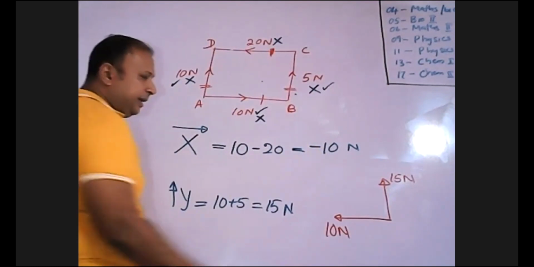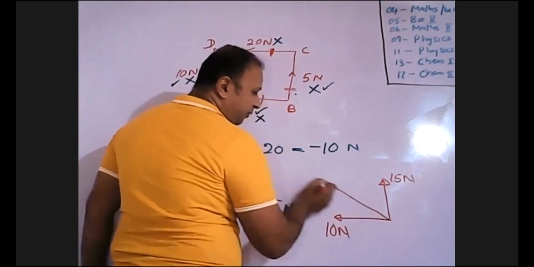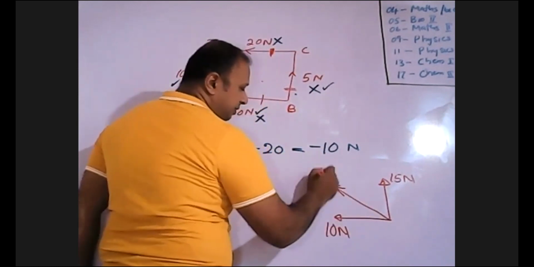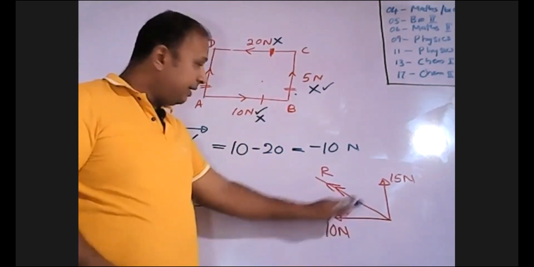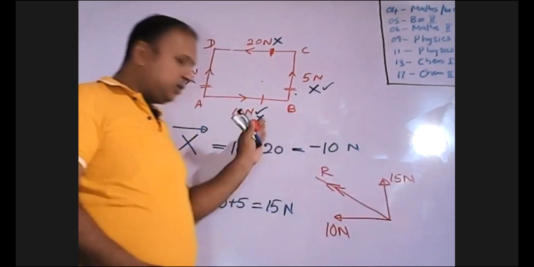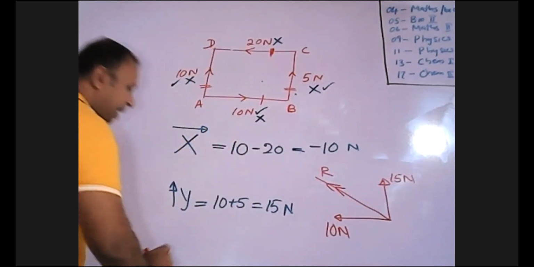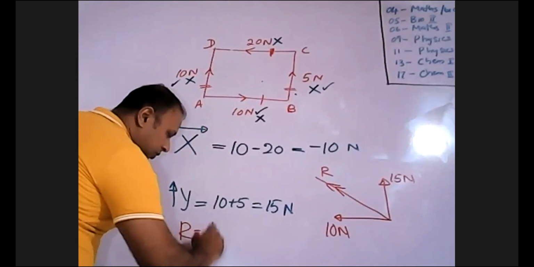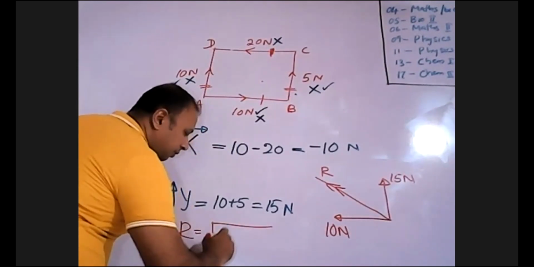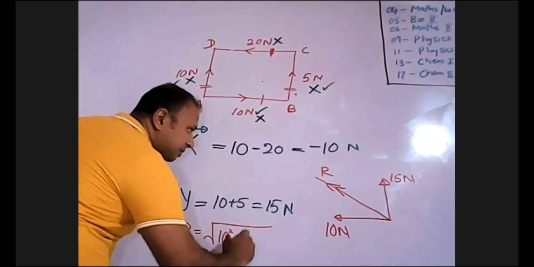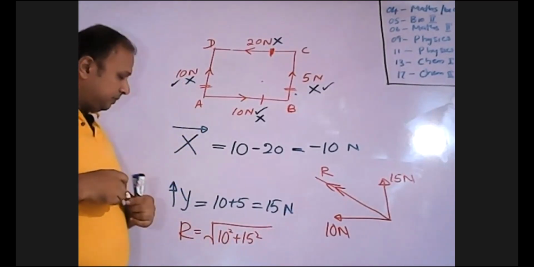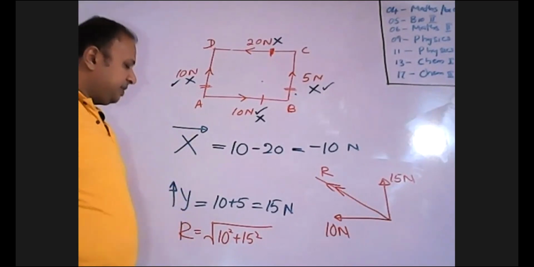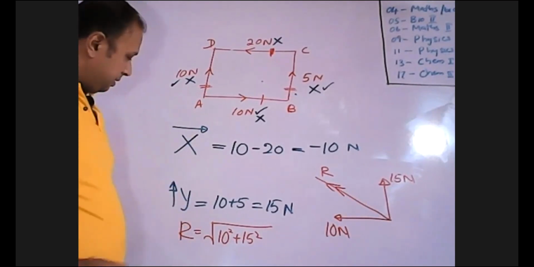So definitely the resultant force is the square root of the sum of the squares. So R is equal to the square root of 10 squared plus 15 squared. That means nearly 18, you know.